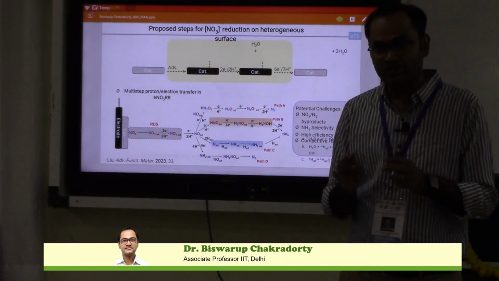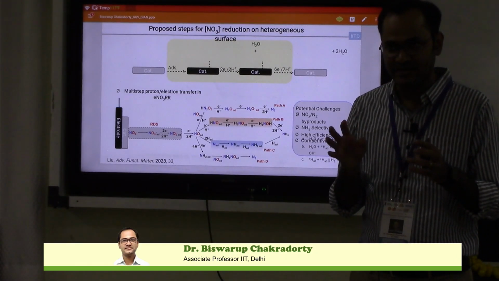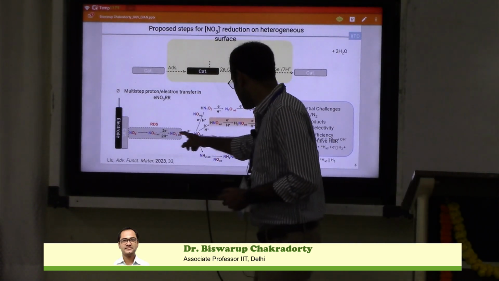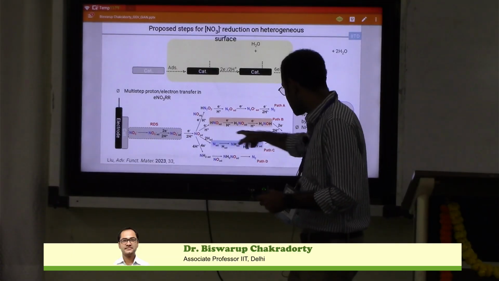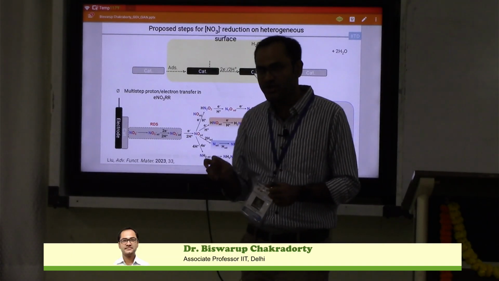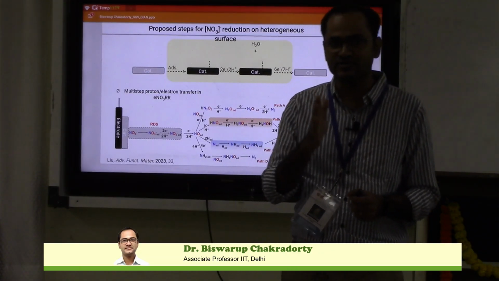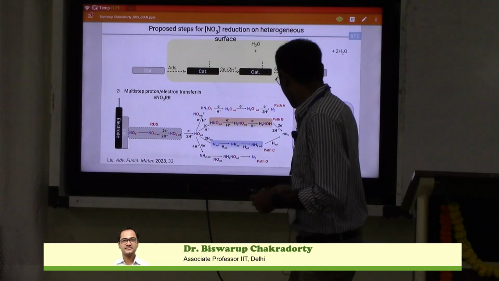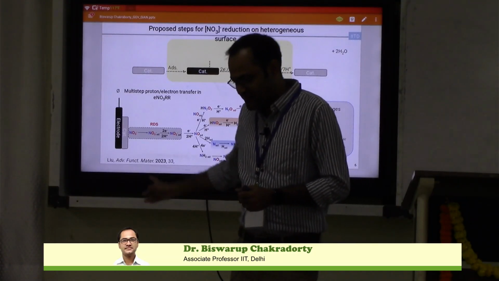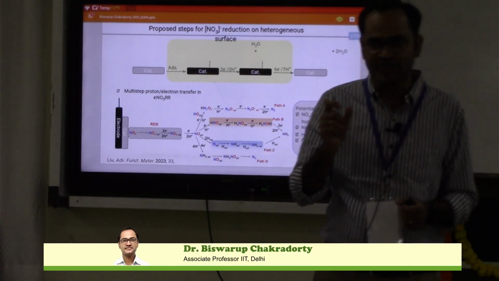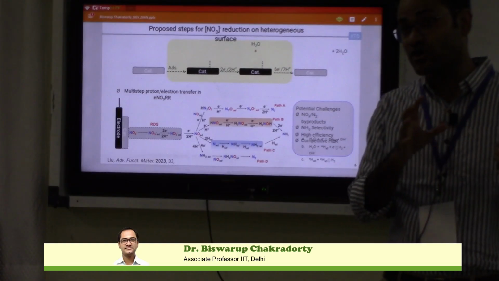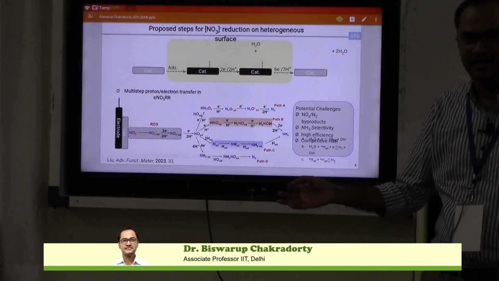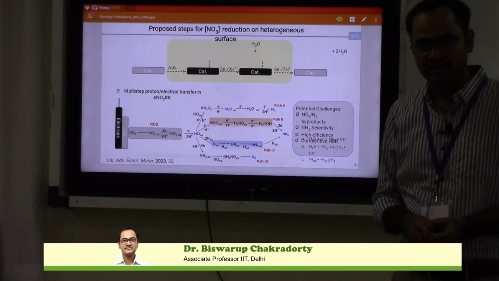If you cannot build a very selective catalyst, that means a catalyst that can selectively perform your nitrate conversion through this pathway or this pathway, then only can you make ammonia electrochemically on a heterogeneous catalyst surface. There are other difficulties also, because as I said, the reaction although looks very simple, does not occur in a very simplified manner. You have a possibility that you can lose in the middle and end up with some other product.